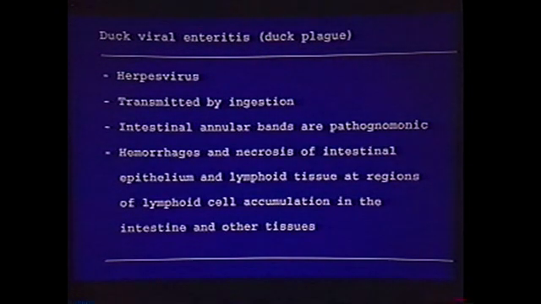The virus attacks areas or sites of lymphocytic accumulation, which in ducks accumulate in the form of rings or bands in the intestine. So when the virus attacks them, that's where hemorrhage and necrosis happen, that's why they occur in the form of bands.